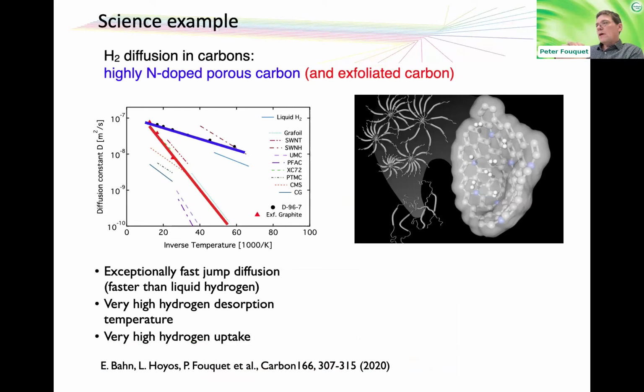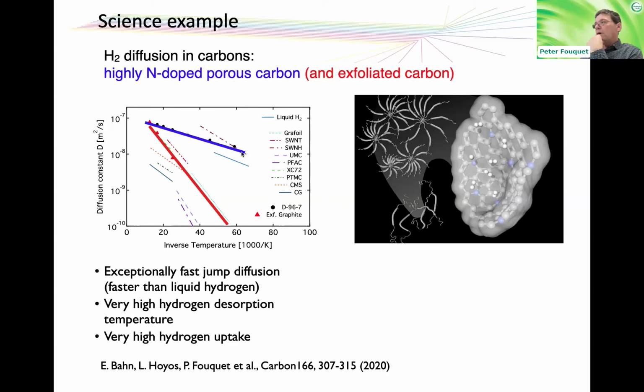There we looked, with a group from South America, at a newly produced nitrogen-doped porous carbon. In this study, we looked in particular at hydrogen motion as a function of temperature compared to normal exfoliated graphite carbon.